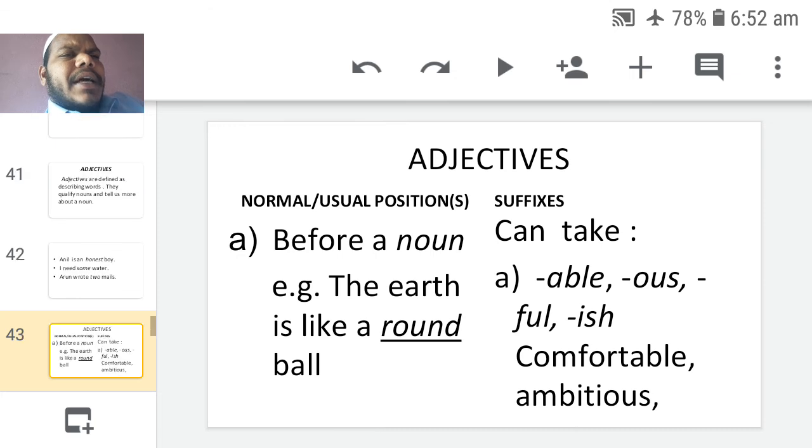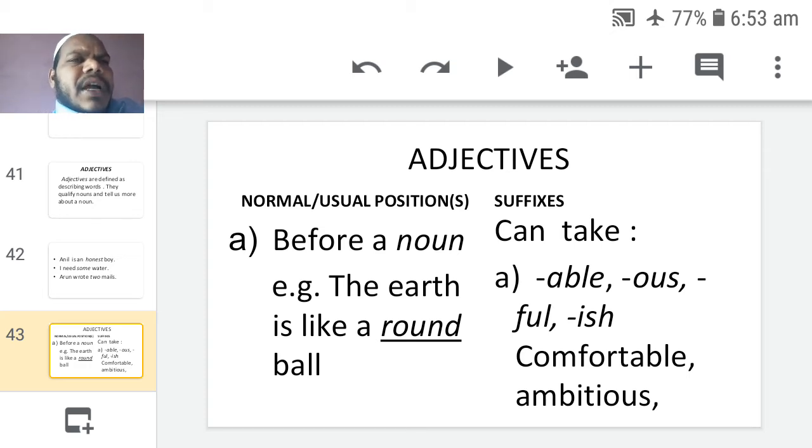And in the earlier class we have seen how, even without knowing the meaning of the word, by seeing the position or the suffix which a part of speech can take, we can identify which part of speech it is. Here, let's see the normal positions adjectives take, and how to identify an adjective based on position and suffix.